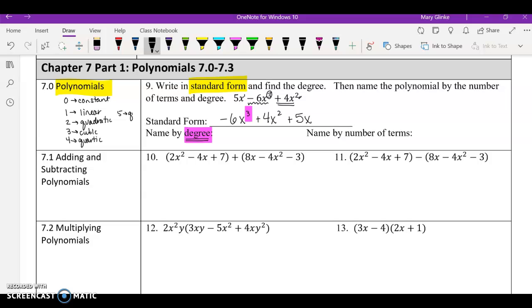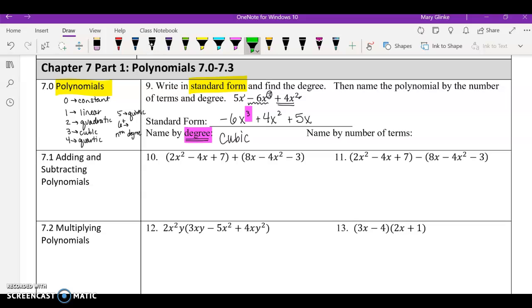Fifth power is quintic. And anything 6 or more is known as an nth degree. So for instance, if we have something with a degree of 6, we would just call it the 6th degree polynomial. For this one, because your degree here is 3, that makes this a cubic polynomial.